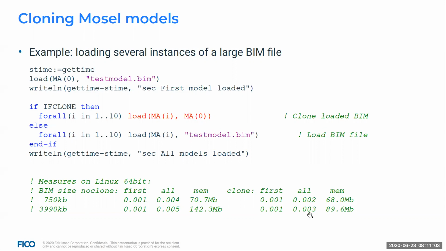You see, if I do the cloning, it becomes slightly faster. What is more interesting here, particularly for the large model, is that when I'm cloning, I'm sharing certain portions of what is in Mosel memory between these models. And the total memory usage goes down for this case by almost 50%. I have actually the master plus 11 clones, so 12 models altogether.